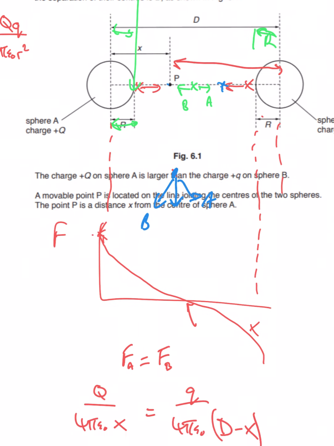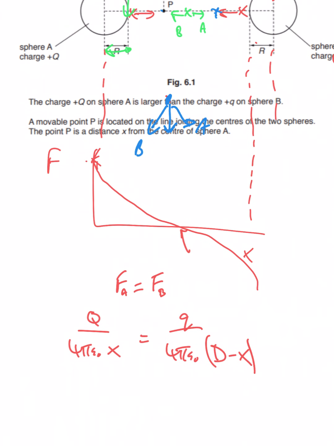Yes, that will be d minus x. Good. And I've got a common factor here, so I can just remove those. So I get Q over x is equal to little q over d minus x.